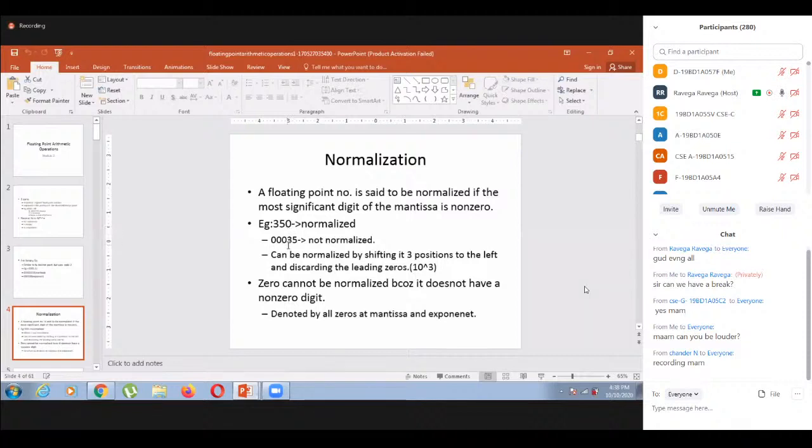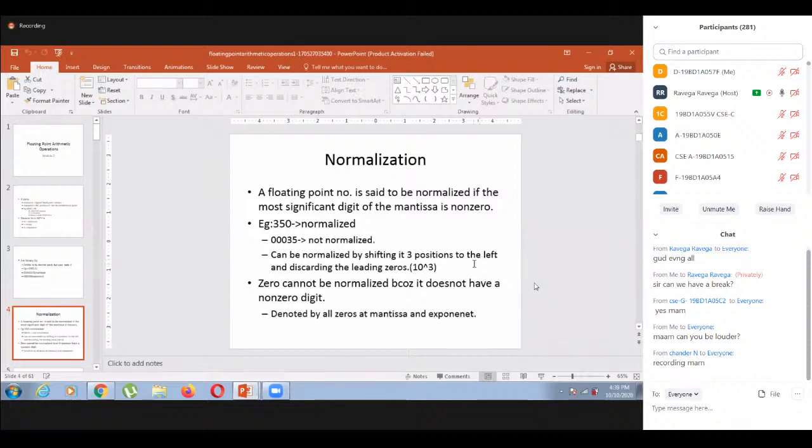In the second, 00035, the most significant 3 digits are zeros. You remove them by using the shift left operation. After removing the most significant digits, you can represent it as 35 into 10 to the power of 3.